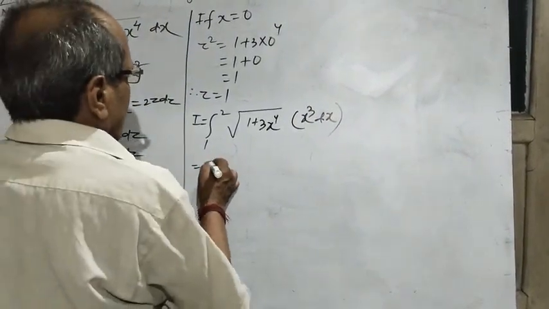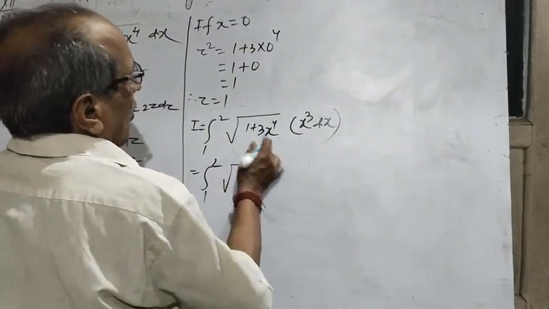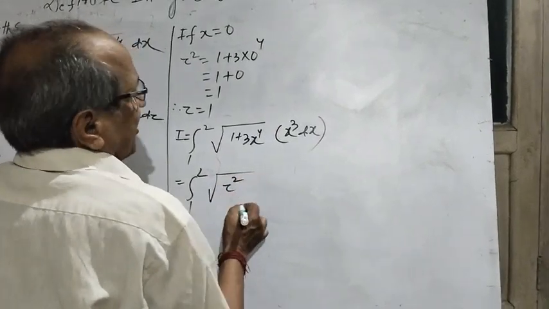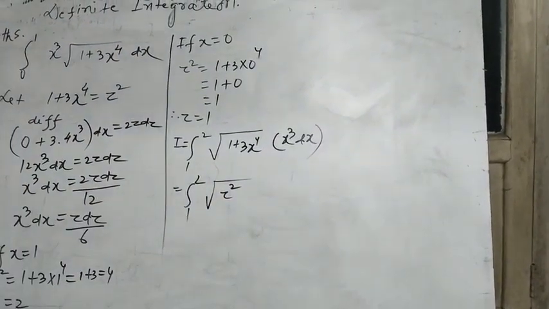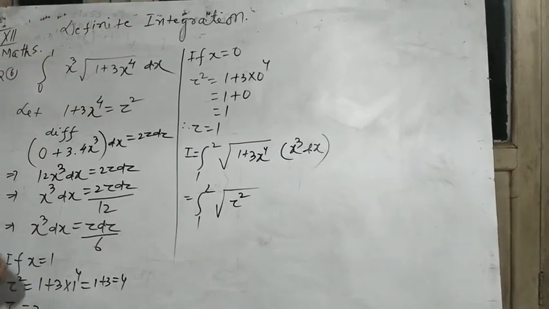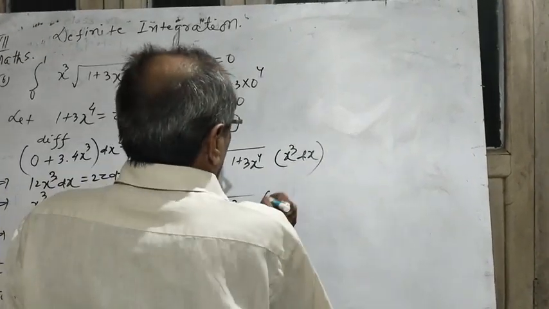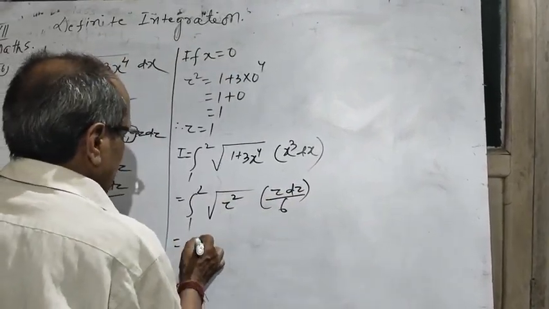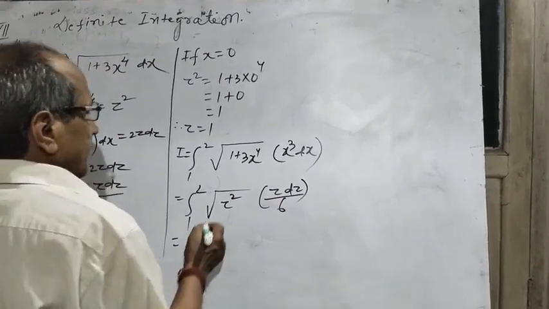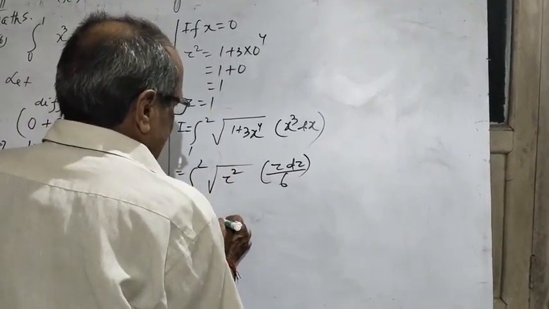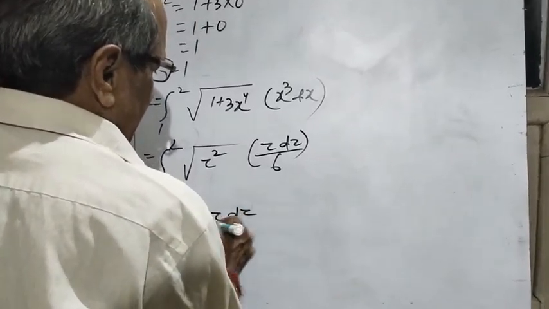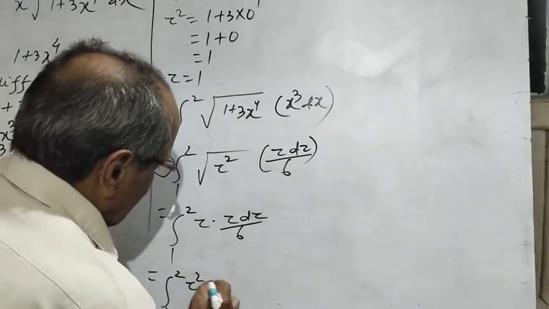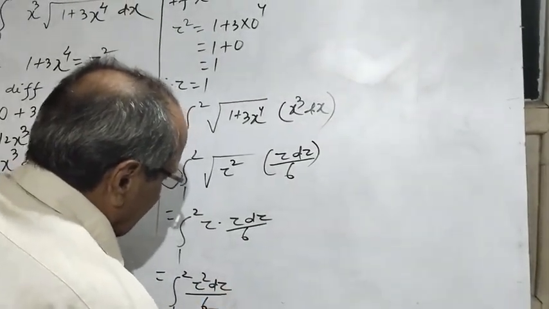Now, we proved the value of 1 plus 3x to the power 4 has been supposed to be z square, and after the differentiation, the value of x cube dx we have got here z dz by 6. Now, we write down 2, 1 and square root of z square becomes z. This is z dz by 6. Now it becomes 2, 1 z square dz by 6.